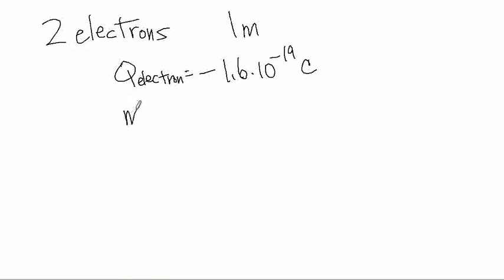Let me remind you, if you don't know, that the charge of an electron is negative 1.6 times 10 to the minus 19 coulombs. You can also do an internet search for that. And the mass of the electron is 9.1 times 10 to the minus 31 kilograms.